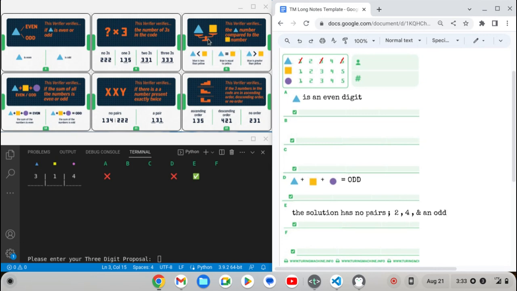And that would mean that this card is irrelevant. And similarly, if it's descending, we know that triangle is greater than square. And again, that would make this card irrelevant. So I think we know that there's no order to our solution based on that sort of thinking.